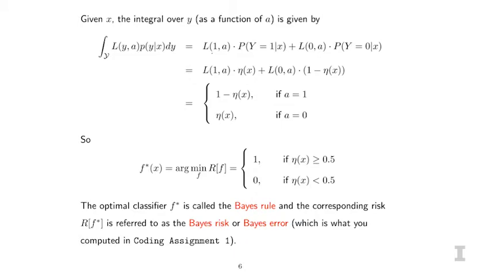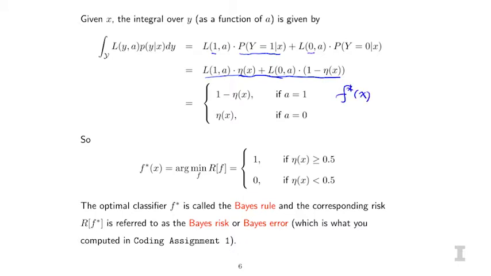First, y is equal to 1, and the corresponding probability is eta of x. And then y is 0, and the corresponding probability is 1 minus eta of x. This sum is a function of a. a can only take two different values because our a is supposed to be the value of our classifier, the optimal classifier.